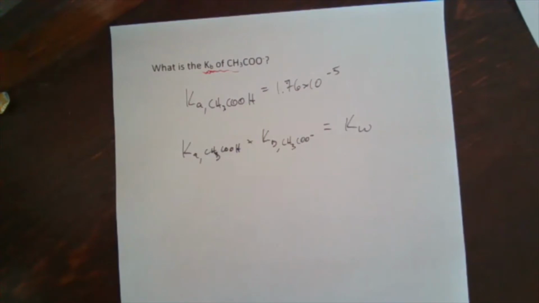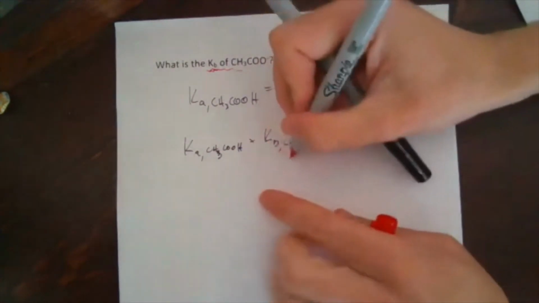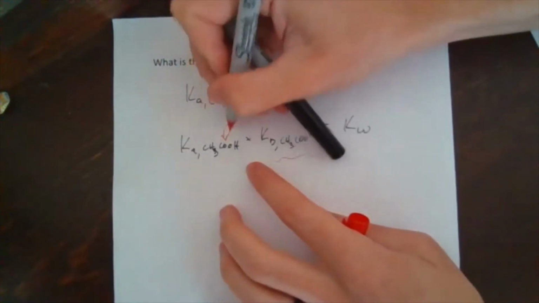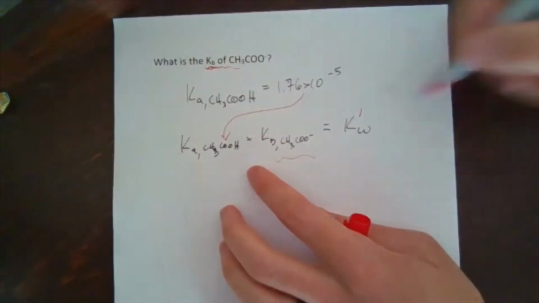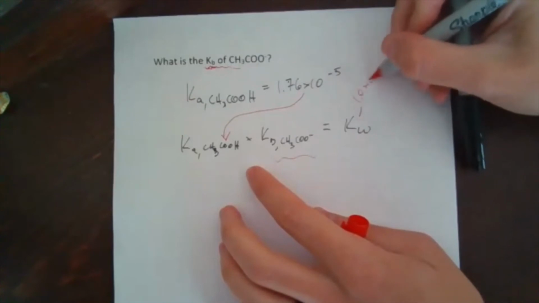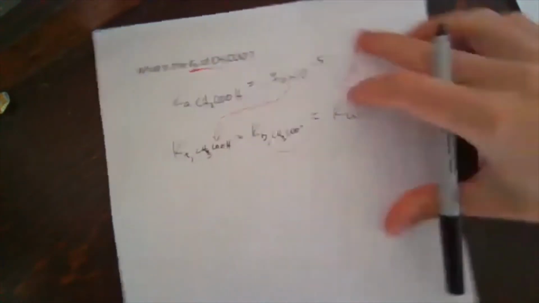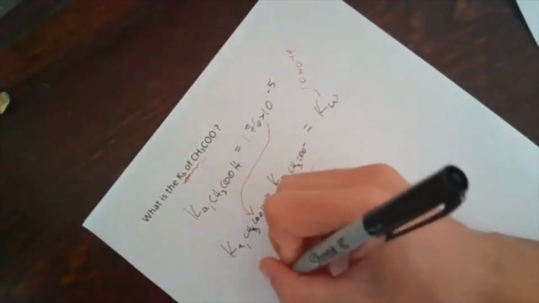So what we can do is take this value, plug that in there. Kw we can look up, or we know, is 1.0 times 10 to the negative 14. And so we can plug those in.